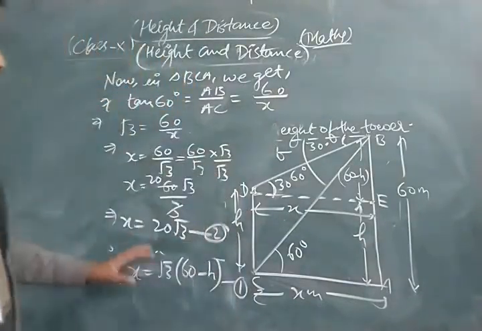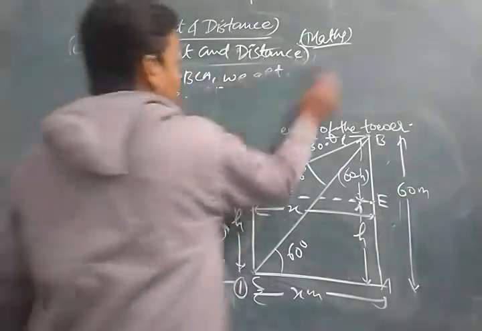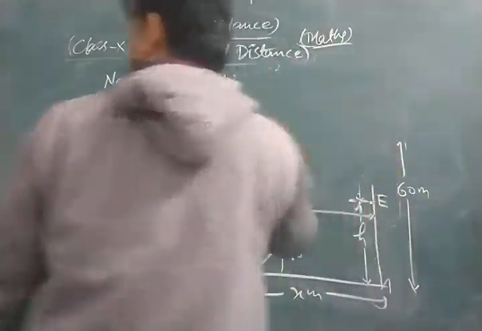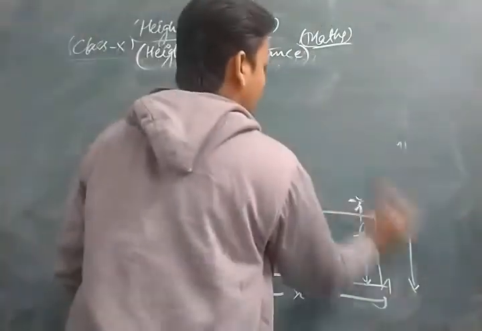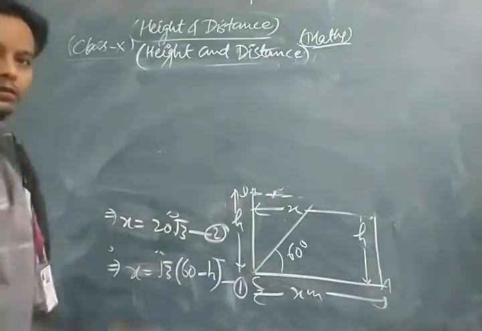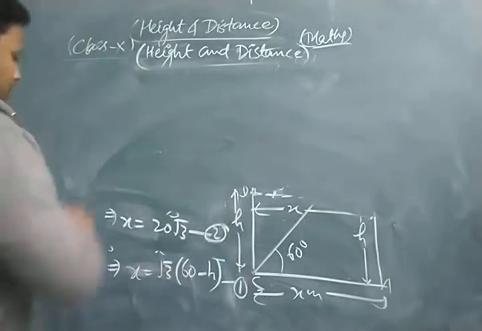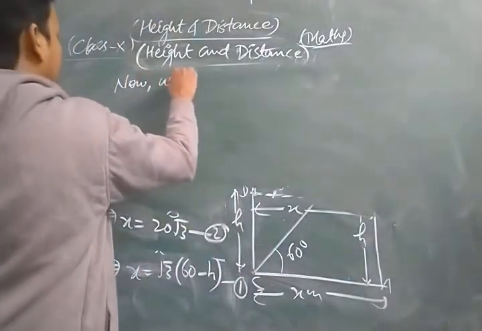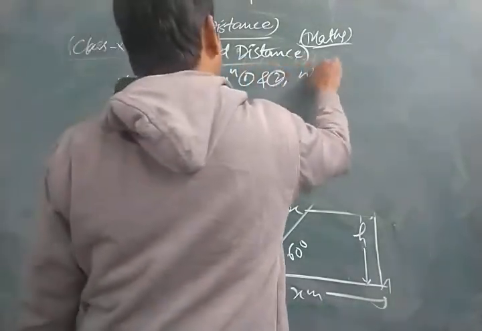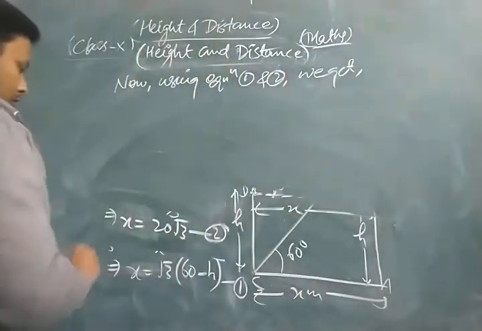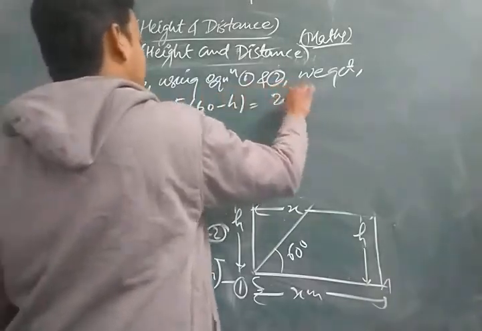Now using equations 1 and 2, we eliminate the value of X. We get root 3 into (60 minus H) equals 20 root 3.